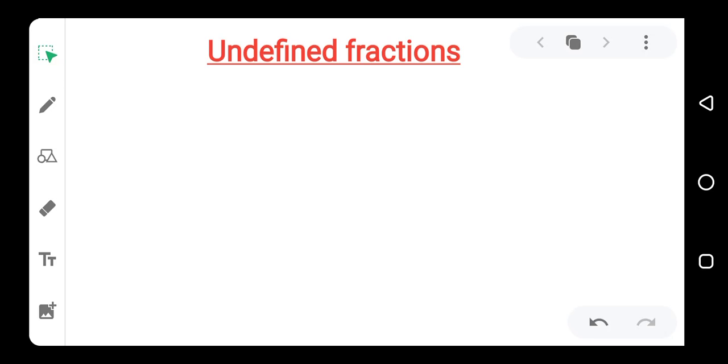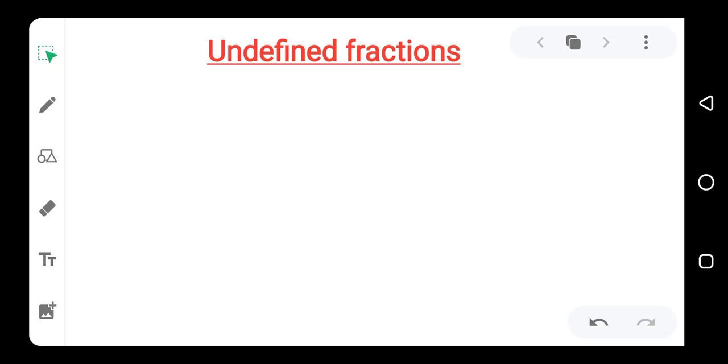So what we are doing in undefined fractions is to look for something that we can do so that the value of the fraction will be undefined, or it will be impossible to divide the fraction.